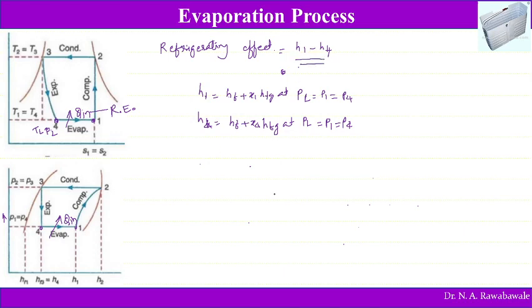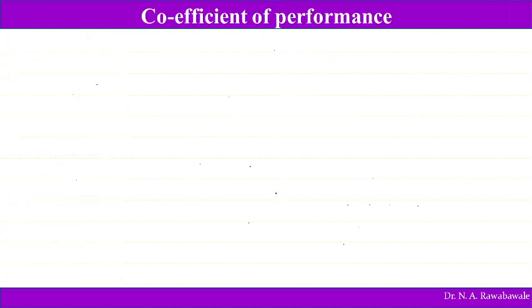Now we want to find out the coefficient of performance. The coefficient of performance is defined as the ratio of refrigerating effect to the work done. Here the refrigerating effect is known to us, and work done is also known to us.